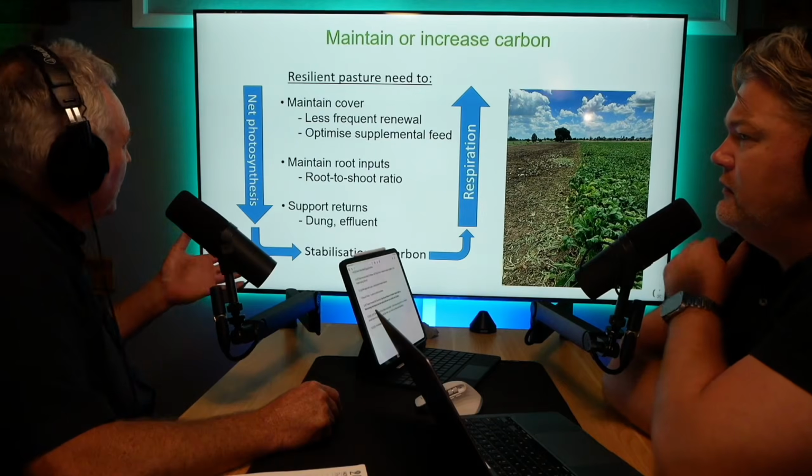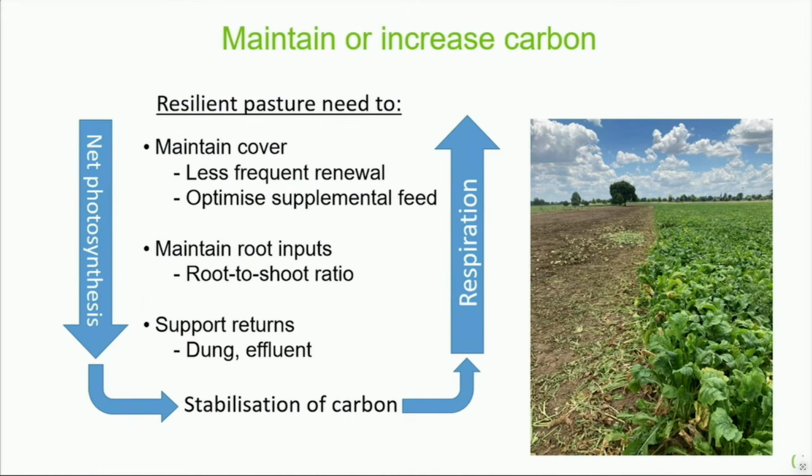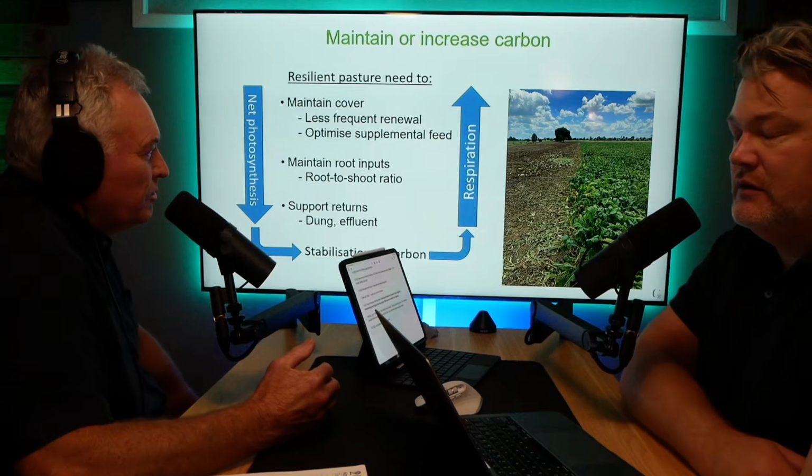Absolutely. And he has identified these things that I see all the time. Like maintain cover. Yeah, keep the grass in the ground. If you're going to make supplement, the cheapest supplement you can make is excess grass, like silage or whatever. That's the cheapest thing you can do. If you're going to do a winter crop, which so many people do the further south you go because it suits the climate and whatever else, prepare.